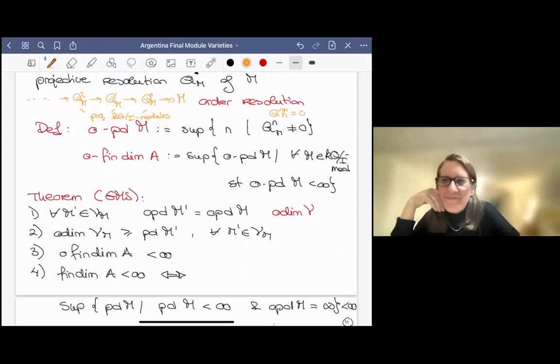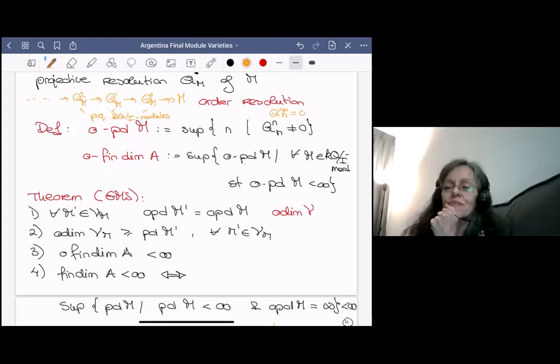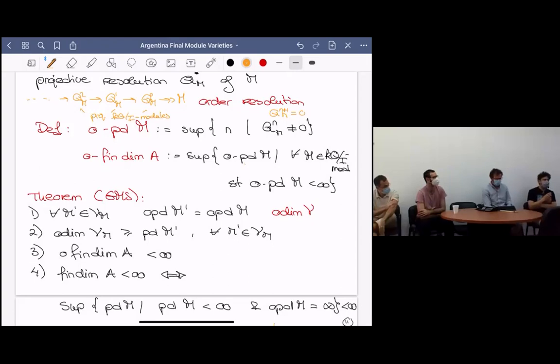Okay, thank you. More questions there? I was curious: you mentioned that you have several isomorphic modules in your variety, and you have an action of the general linear group, such that the orbits will be the isomorphism classes.